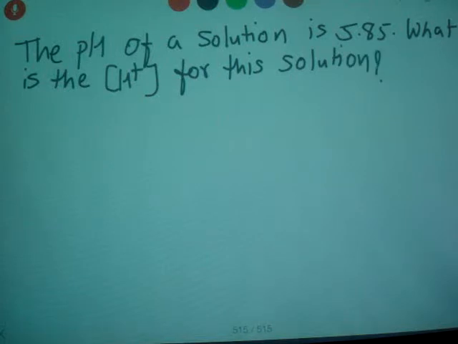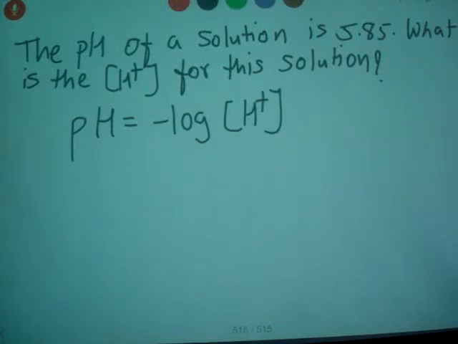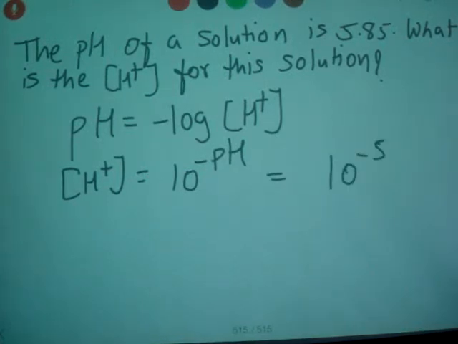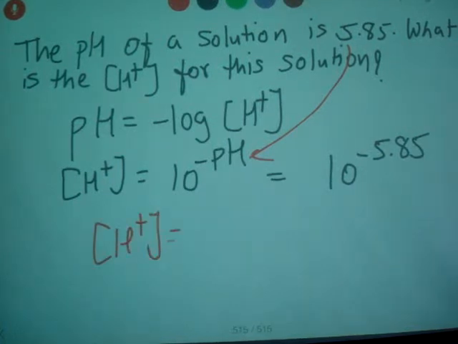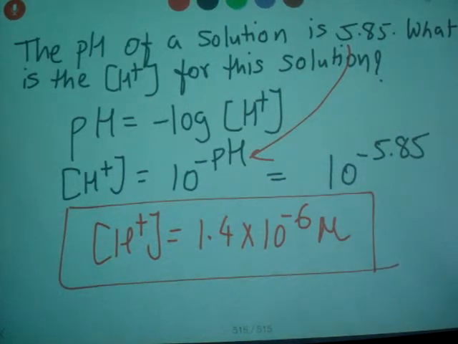We know that pH equals minus log H plus concentration, or when you find H plus ion concentration, we can say 10 raised to minus pH. And in here pH is given, 5.85, so we can plug that 5.85 in here. So when you calculate, the H plus ion concentration is 1.4 times 10 raised to minus 6 molar.